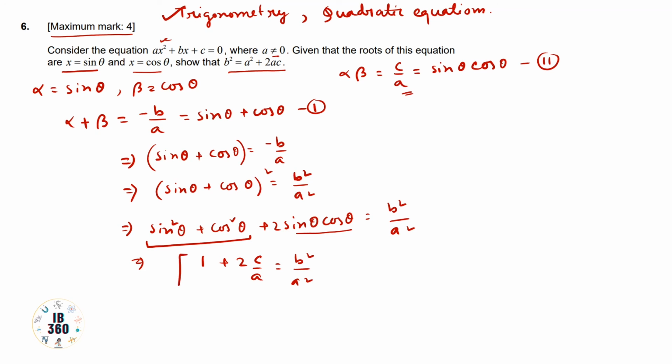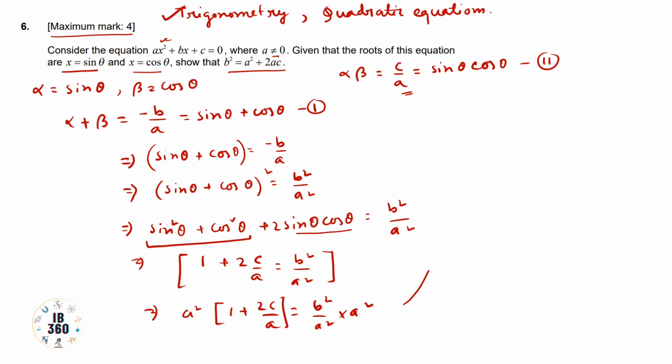Now we multiply the complete equation on both sides by a square.